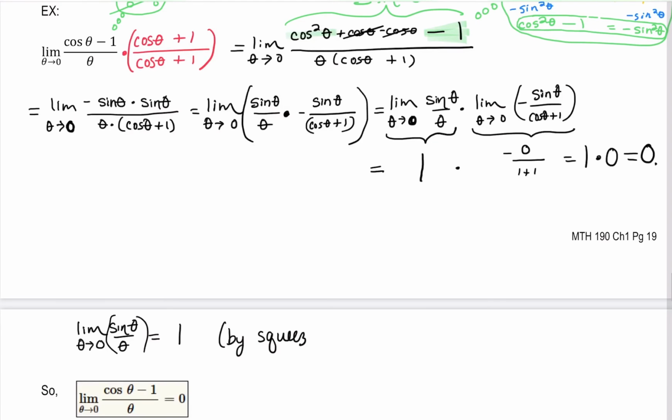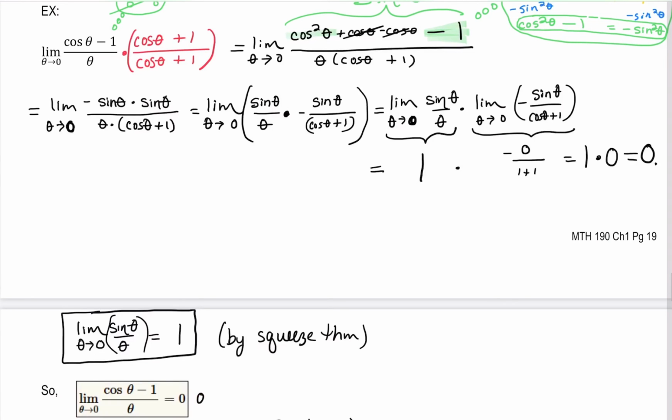Now, by the above proof, this is often called a corollary of that. So this one, the limit as theta goes to 0, by corollary of the above, is the one we just proved.